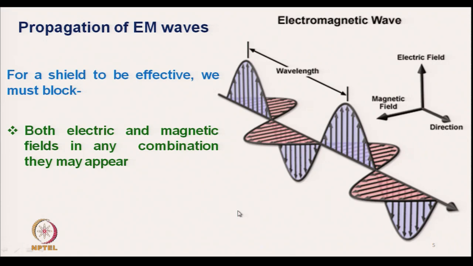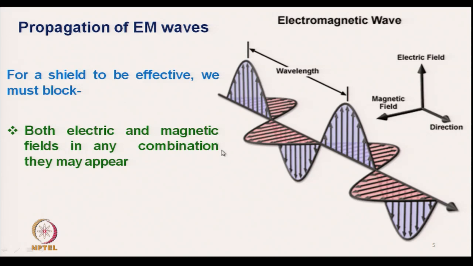For a shield to be effective, we must block this propagation. Both electric and magnetic fields, in any combination they appear, have to be blocked.